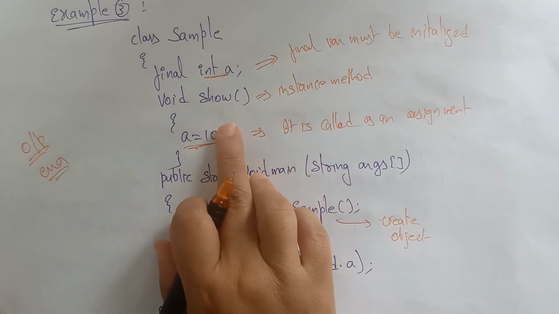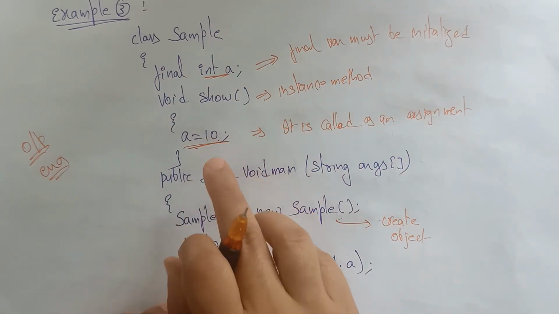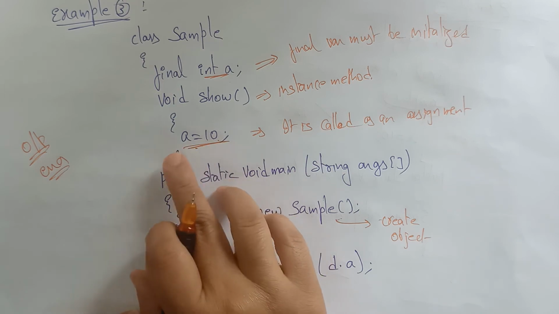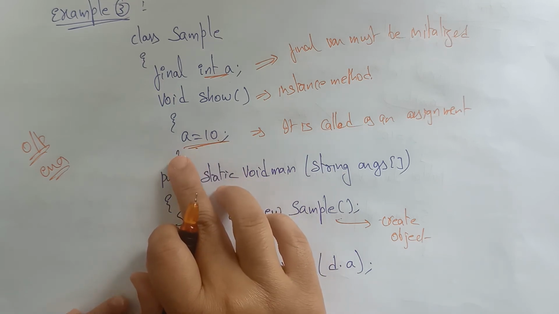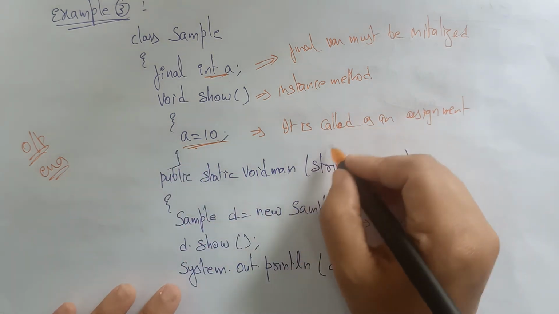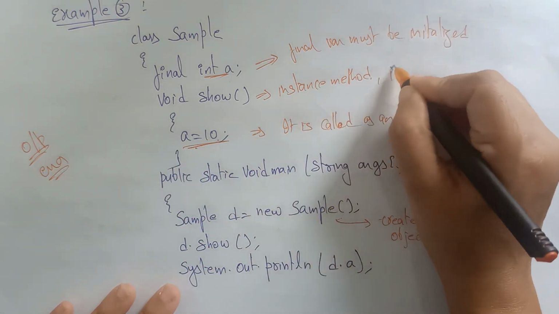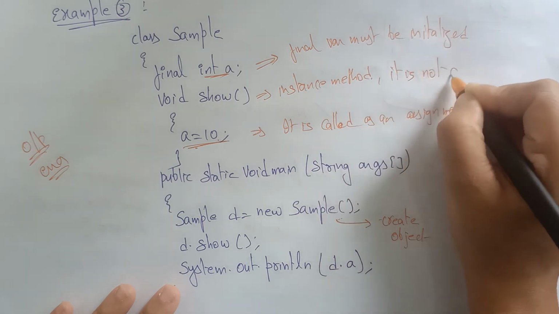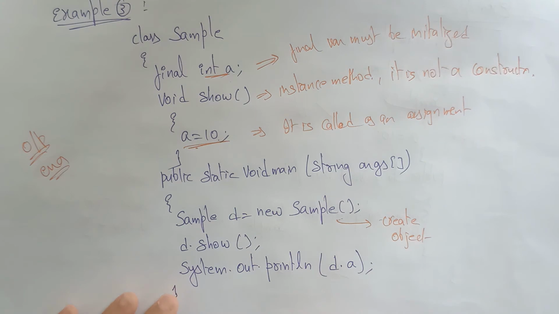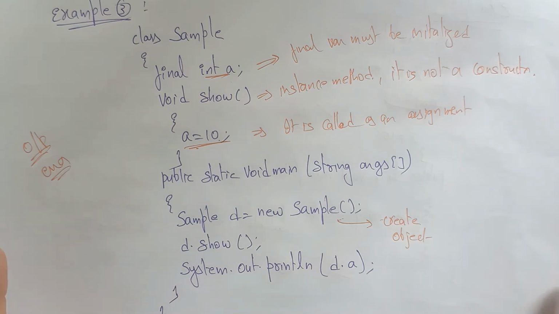But here this is an instance method. Inside the instance method, this is an assignment: the value 10 is assigned to A. Because show is a method, not a constructor, that's why it is showing an error. Okay, the output is error.